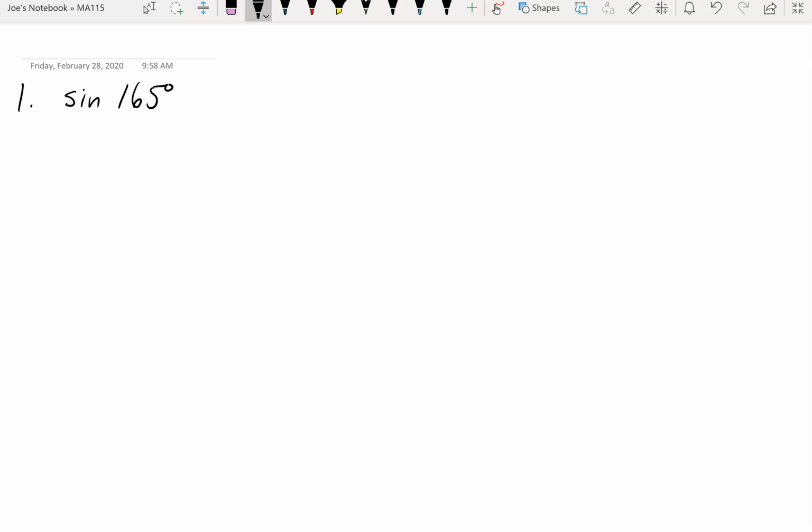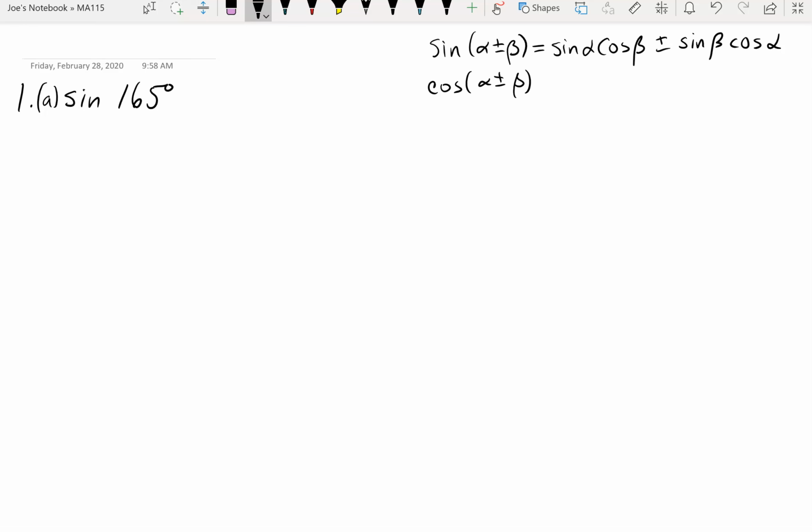All right, so the first part here, part A, asks you to find the exact value of the sine of 165 degrees. So we need to remember our sum and difference formulas. I usually write them when I'm just trying to remember what they are. I write them in a combined form. So I'll write them up here to the side.